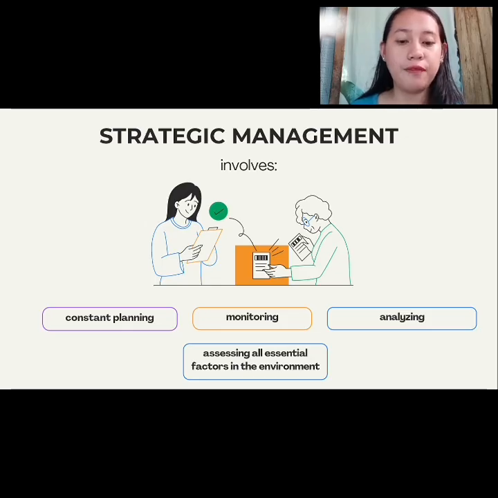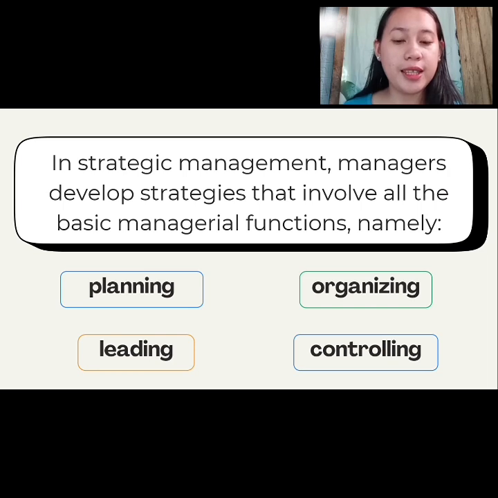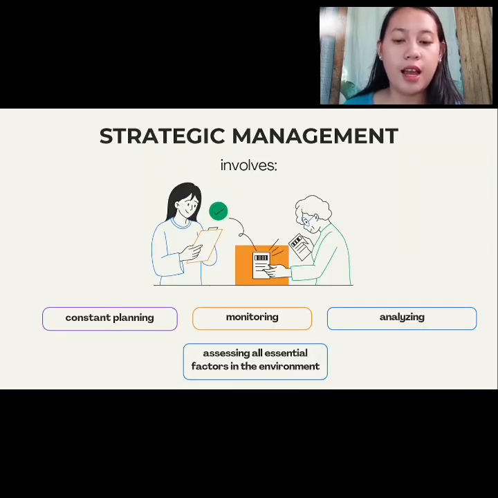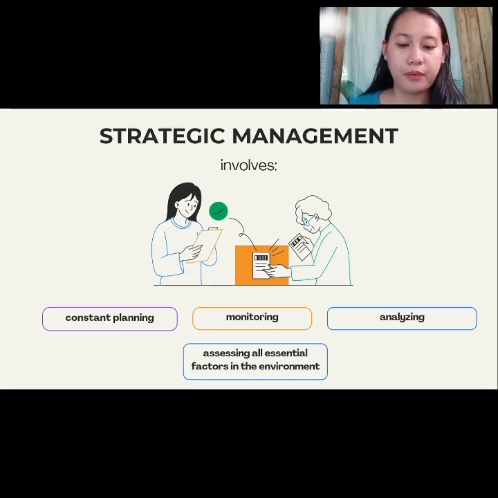Then the external factors: market trends, competition, economic conditions, and regulatory environment. And then the opportunities and threats, and it also evaluates the stakeholder needs and expectations.